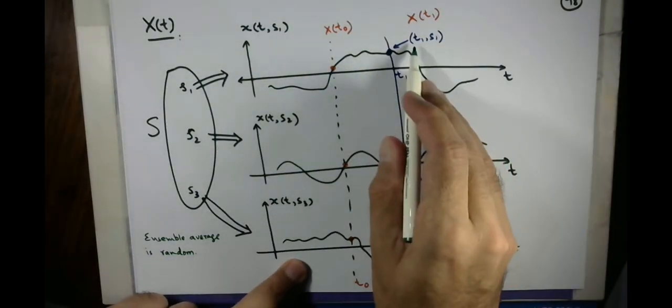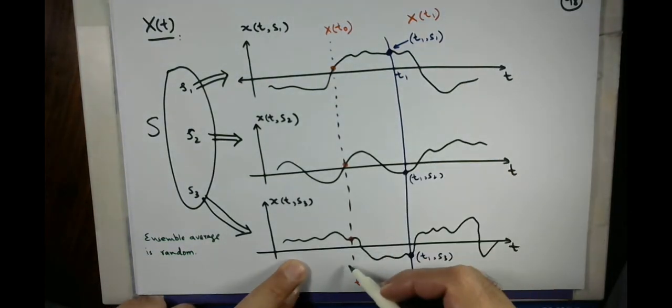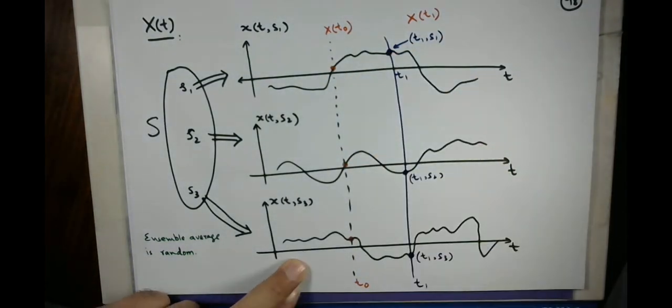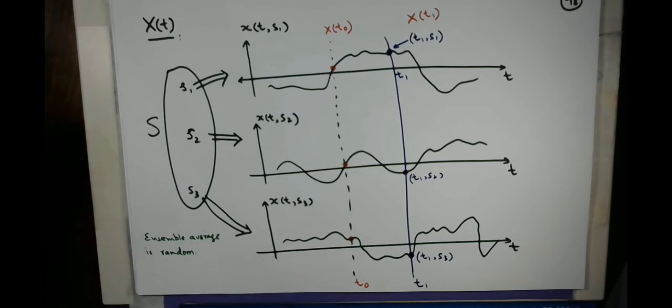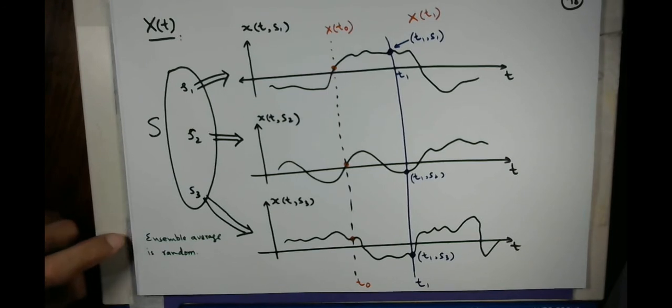When you fix time at t1, you obtain a different average from these three sample values than by fixing time at t0. So at each different time instant, you may obtain a different ensemble average, and hence ensemble average is a random variable.